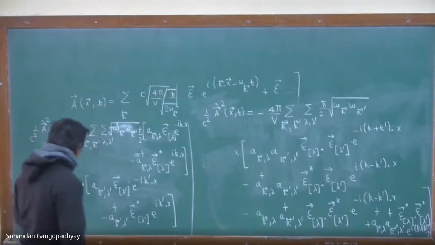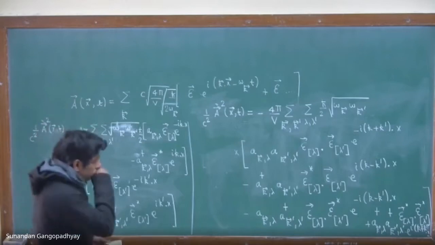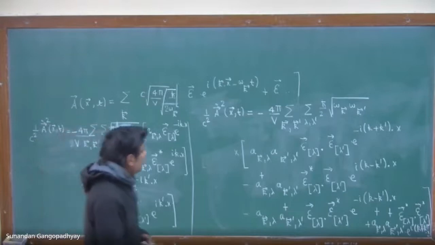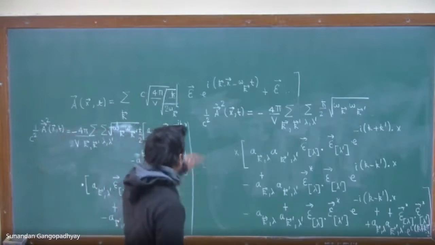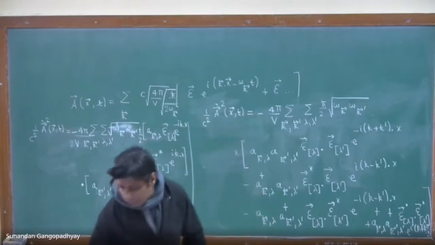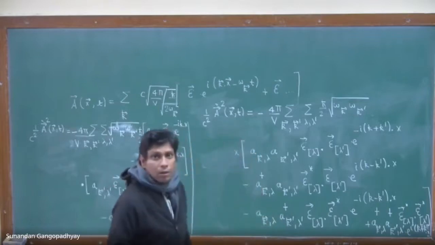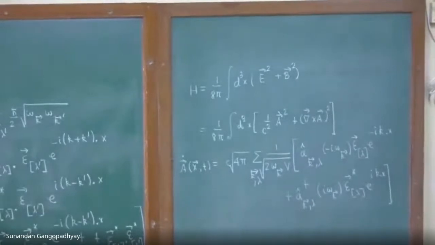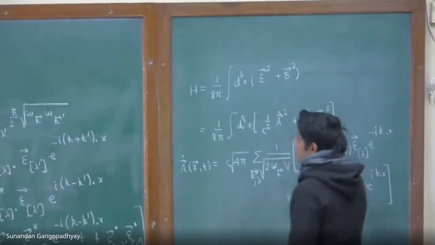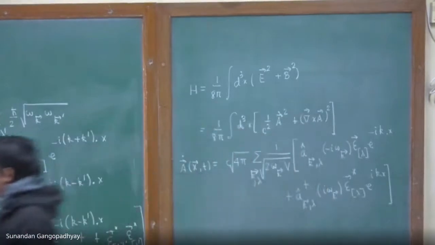So let us now see, this is the calculation for A squared, and what we now need to calculate is curl of A. So this term is curl of A, and we just square it up and then see what happens.